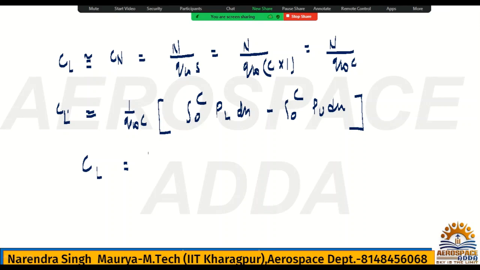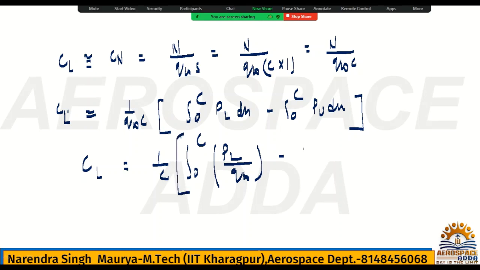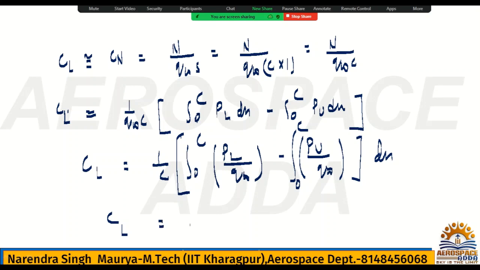Just for your understanding, if you go for the complete length 0 to c and integrate it over dx, with the limit 0 to c, I will take 1 by c outside. Then I can write integral 0 to c of pl divided by q infinity minus pu by q infinity dx. Here I can say Cl is nothing but approximate.